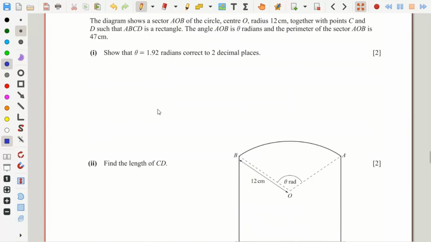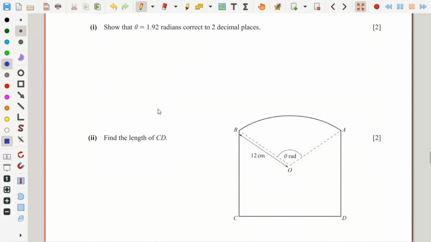Okay, so here I'm being told to find angle AOB. I should show that this is 1.92. So what I can do here is that I know the perimeter of what?